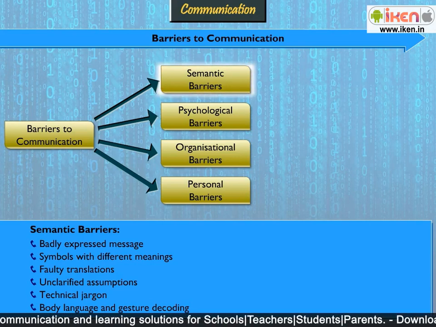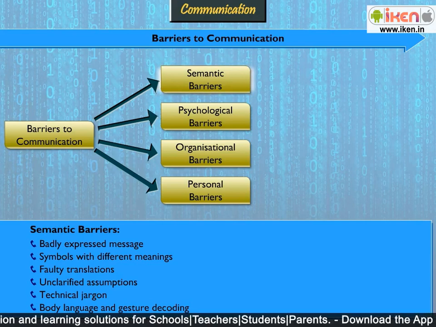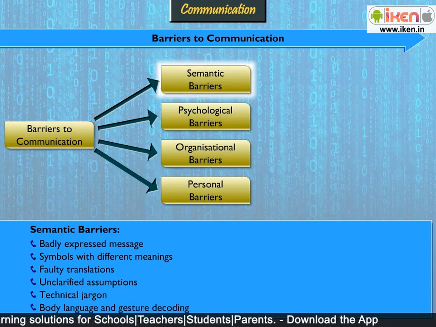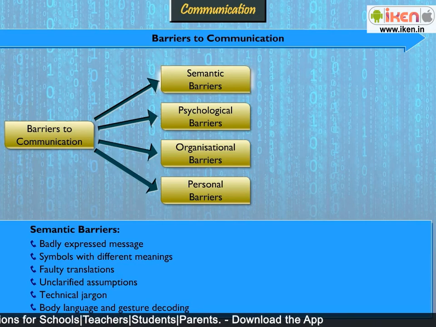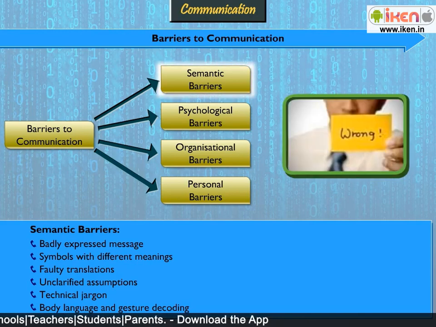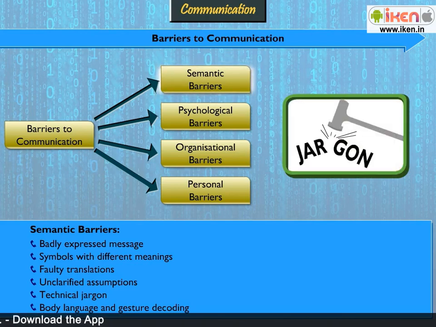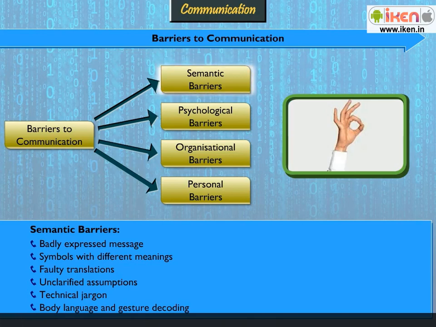Miscommunication may occur if encoder and decoder do not share the same connotative meaning for a word, if encoder uses wrong words and symbols, if decoder translates the message wrongly, if decoder does not know the actual meaning of technical jargons, and if there is no match between what is said and what is expressed in body movements.